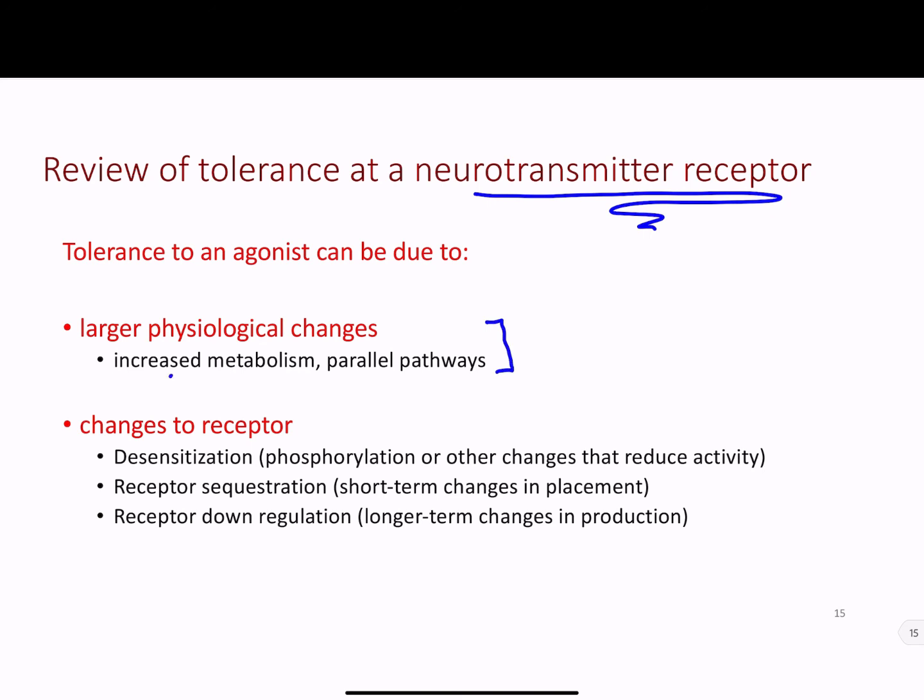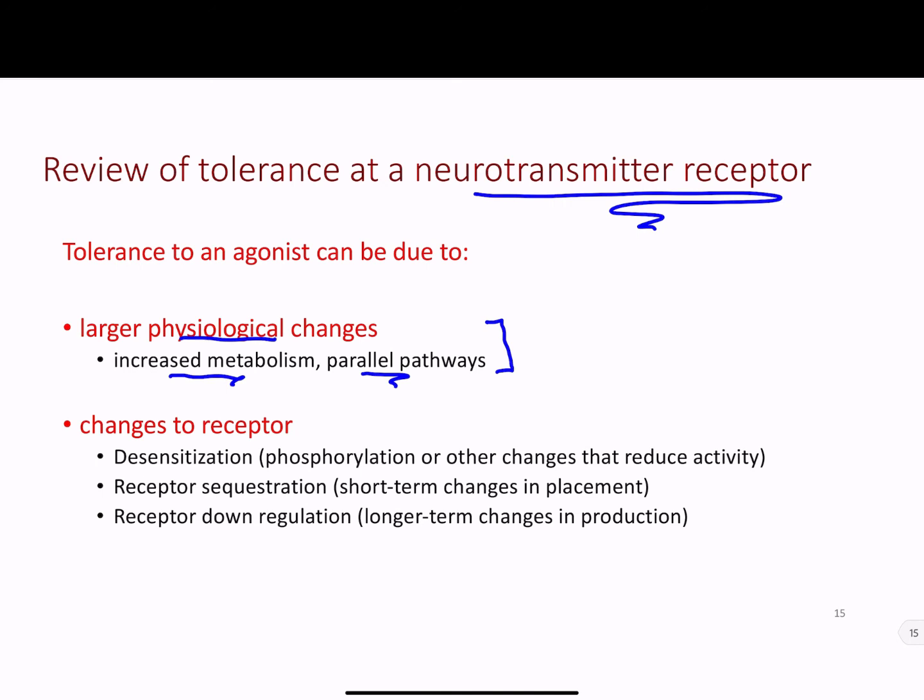So are you changing your CYP450 metabolism of it? If you've changed your blood pressure with the drug, do you have other pathways that affect blood pressure that are just going to come in and take over instead? So there are these larger physiological methods to overcome a drug effect and create tolerance.